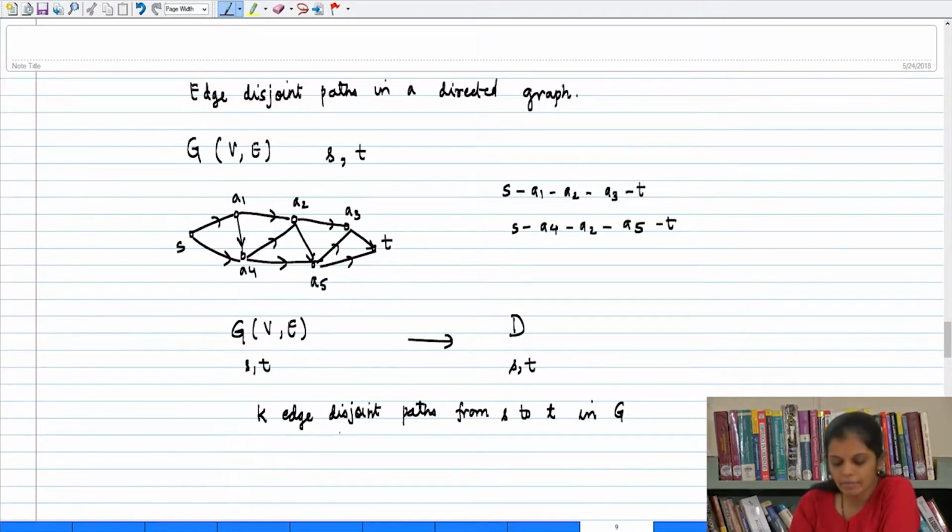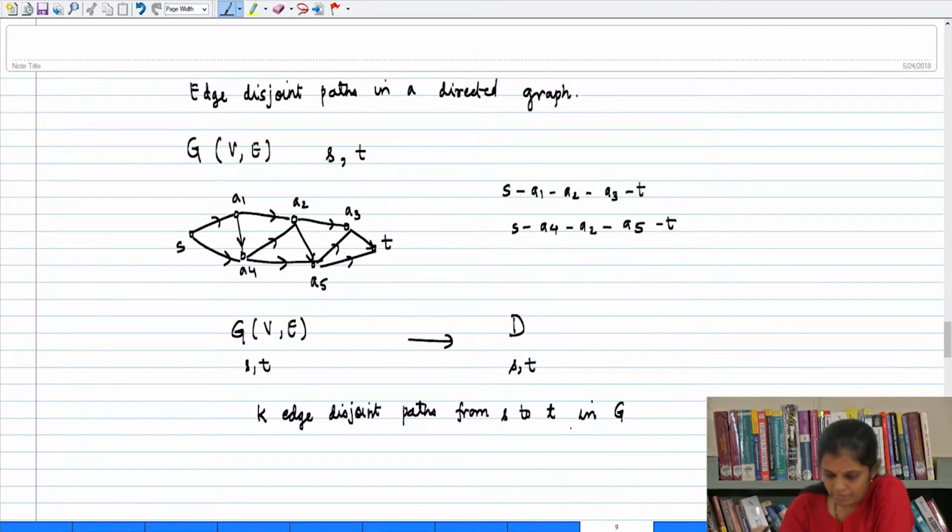So take every path in this collection of paths, set the flow value on all such edges on these paths equal to 1, and for all other edges in the network which do not belong to these paths, set the flow value equal to 0, right?